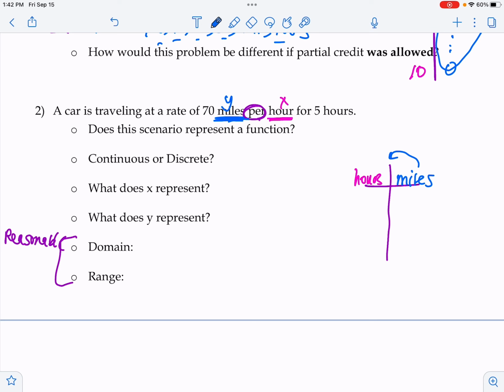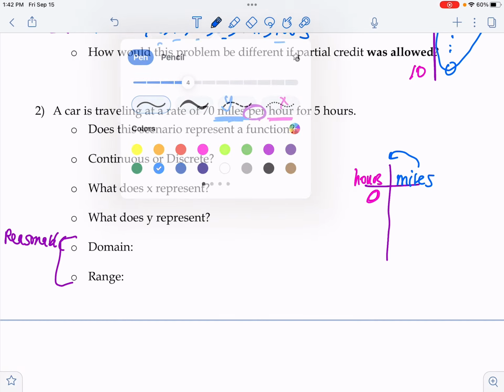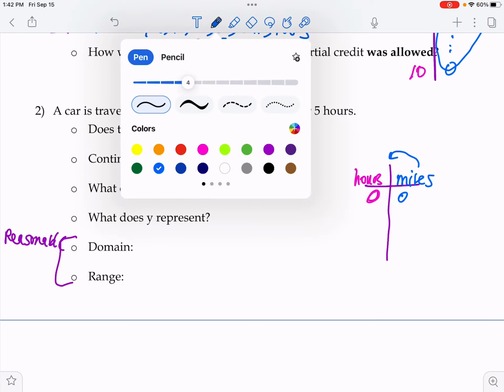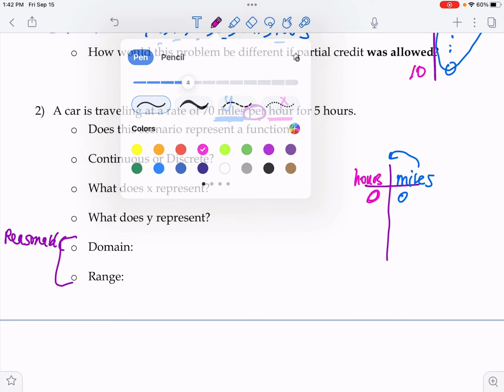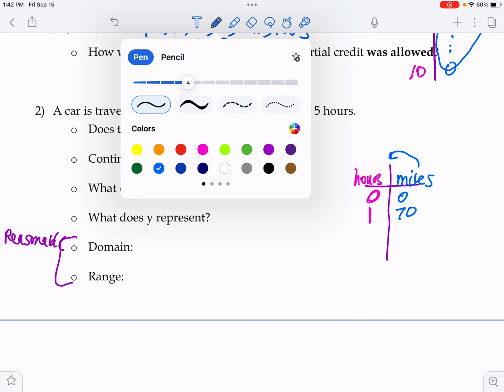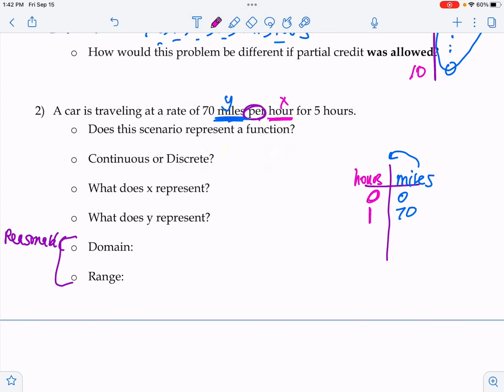Okay, and so I can't drive negative hours, so we're going to start at 0. And if I drive for 0 hours, I've gone 0 miles. If I've driven for 1 hour, since I'm going 70 miles per hour, I'm going to have gone 70 miles in 1 hour. And then I can figure out 2 hours.